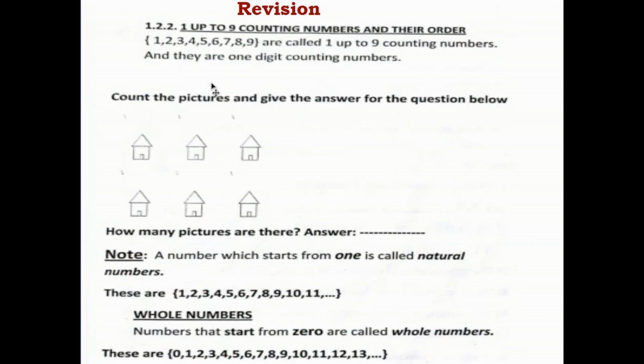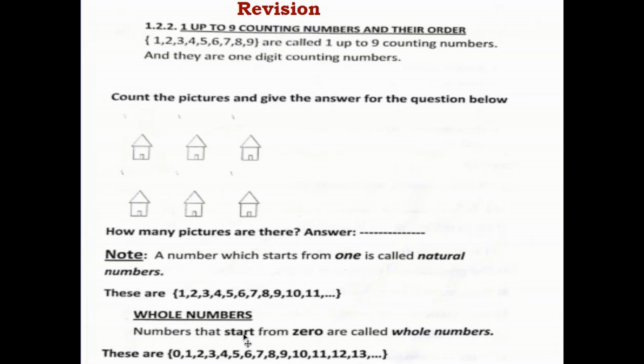Previously, we have seen naturals and whole numbers. When we say naturals, they are numbers starting with 1, 2, 3, 4, 5, etc., up to infinite. Naturals start with 1. And we have seen whole numbers.